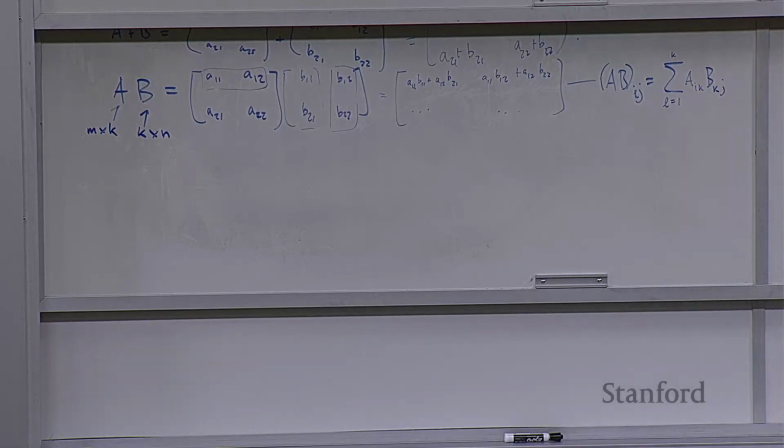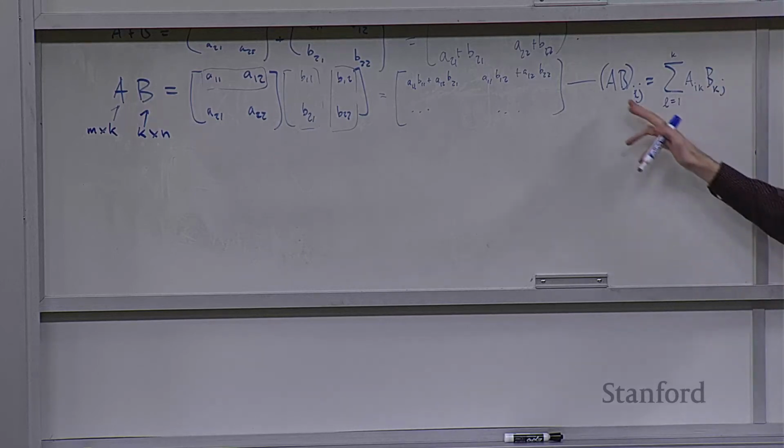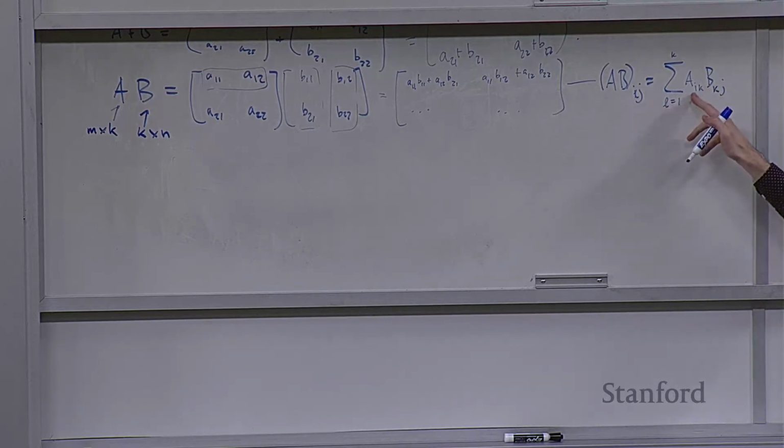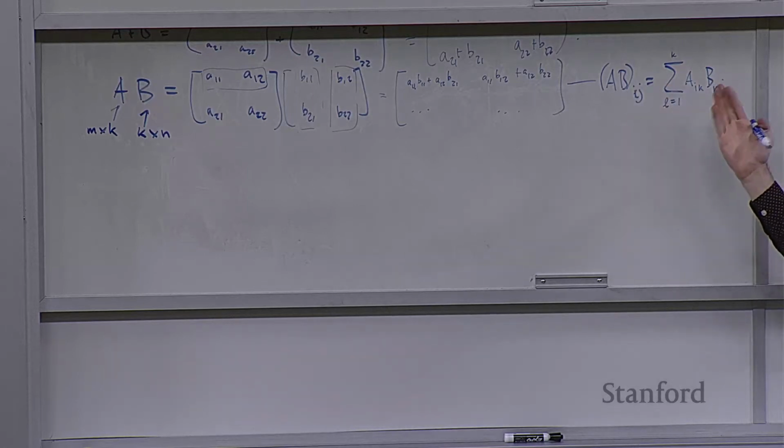Now, really what this is saying is, again, just repeating the dot product argument. I'm saying, now look at the ith row of A and sum across all of the k things in there multiplied with the jth column of B. It's kind of the same idea. Okay.